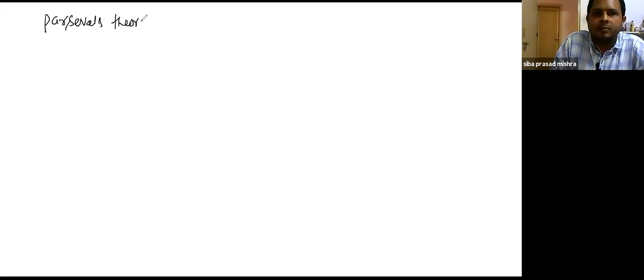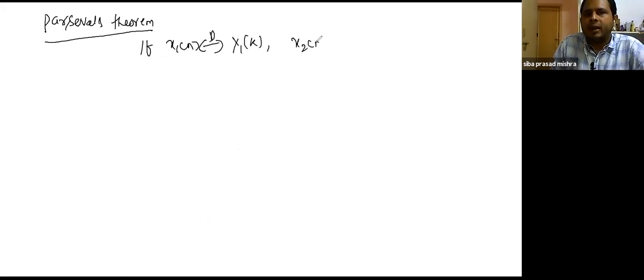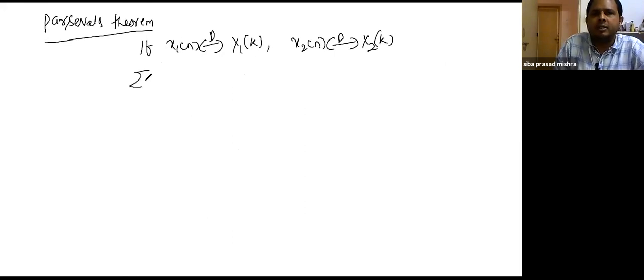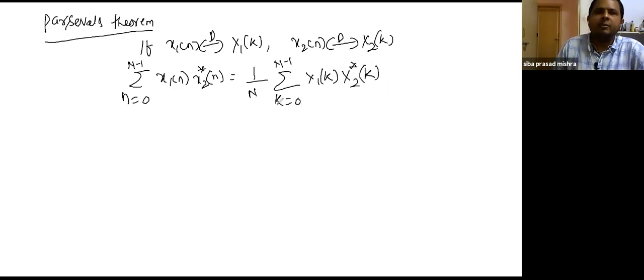Same, if x1[n] has DFT X1[k] and x2[n] has DFT X2[k], then summation of n from 0 to N minus 1 of x1[n] multiplied by x2 conjugate [n] equals 1 by N summation of k from 0 to N minus 1 of X1[k] multiplied by X2 conjugate [k]. This is Parseval's theorem.